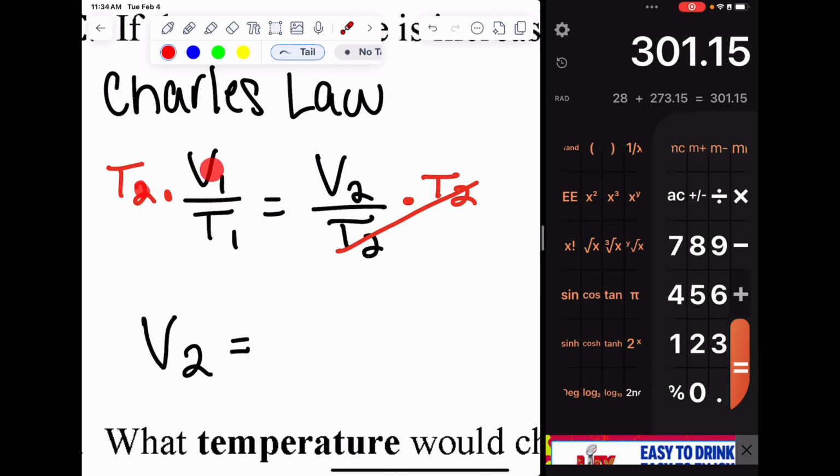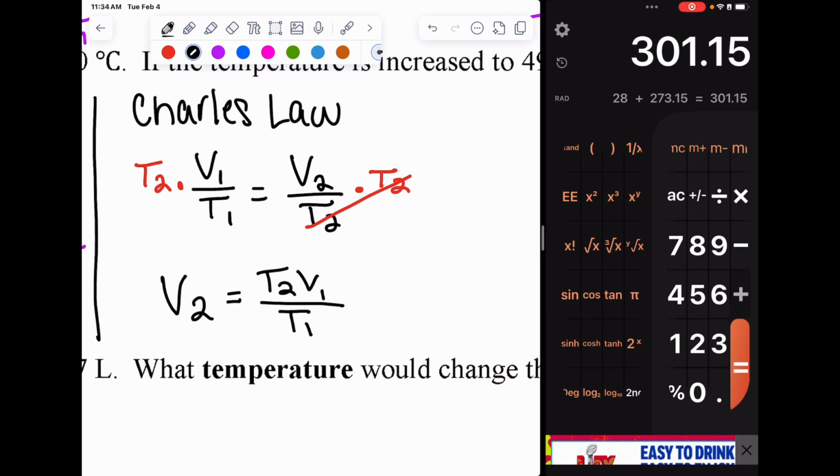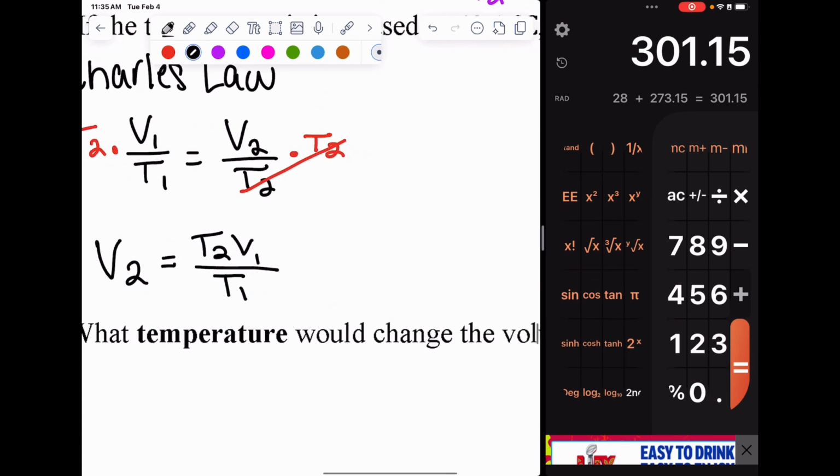We would have T2 times V1 all over T1. So this will be the equation we're using now. And we can go ahead and plug in those numbers.